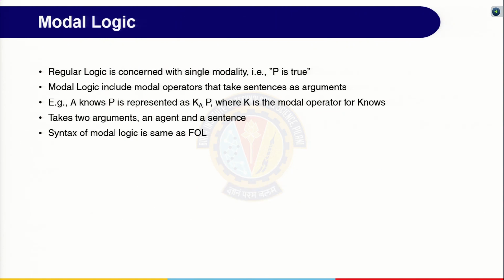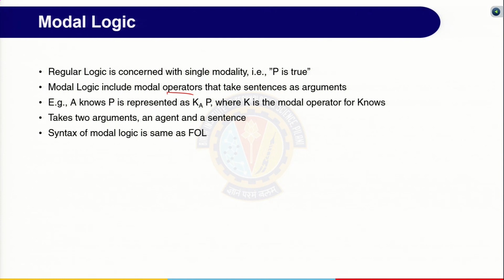To handle this kind of reasoning about knowledge about knowledge, we build something called modal logic. Regular logic is concerned with a single modality, where we have a proposition and we assign a truth value, whereas modal logic includes modal operators. We have modal operators that take sentences as arguments.